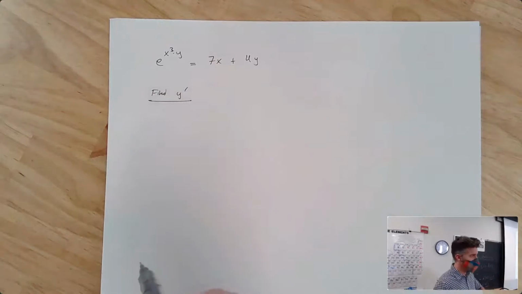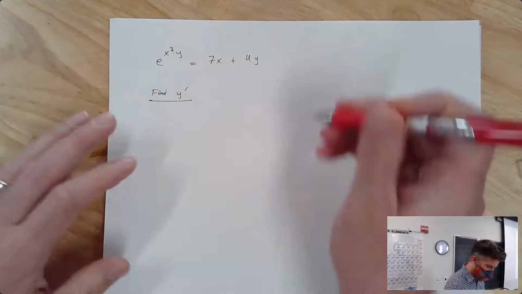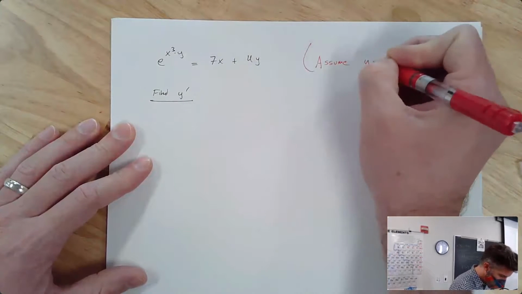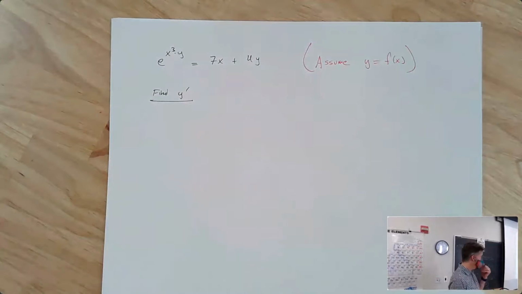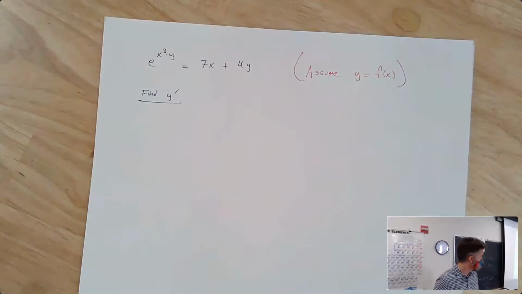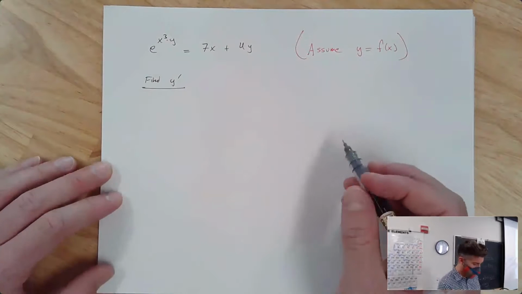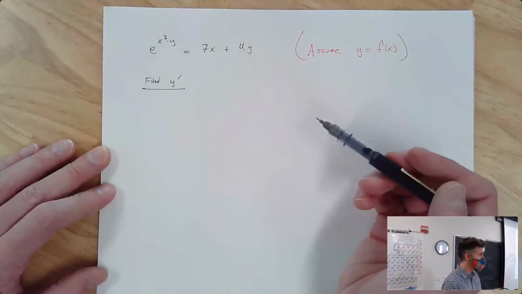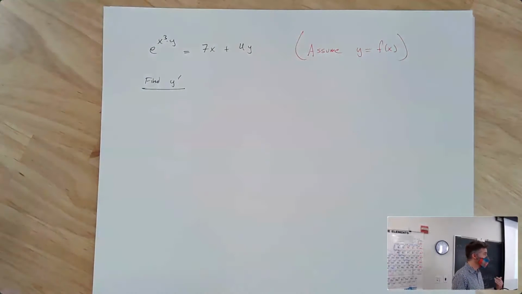When we see this, you should automatically think, oh, y is a function of x. Even if it's probably not actually true. The whole idea here is that we're going to use the chain rule, just like we have before. So what's the derivative of e to the stuff? Well, the derivative of e to the x is e to the x.